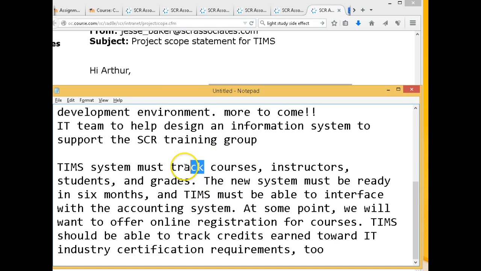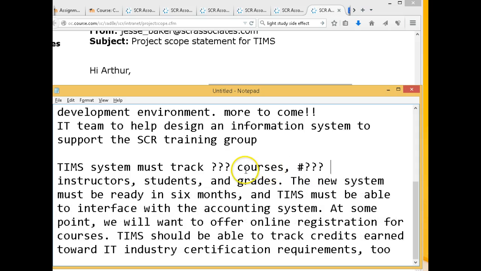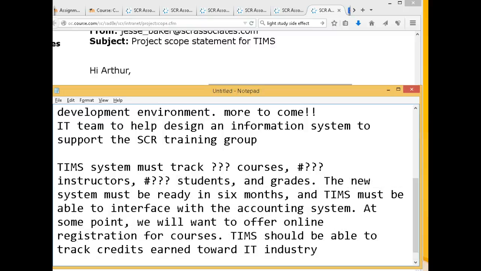You might fit in some way here the number of courses. So although it says courses, you could be specific right here about the number of courses. How many? The number of instructors. And provide for maybe a goal of total students. So maybe estimate some details in there.